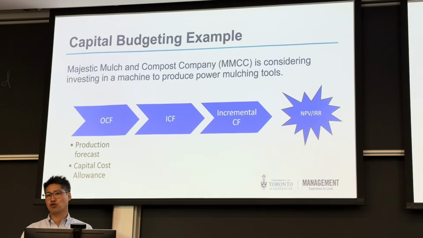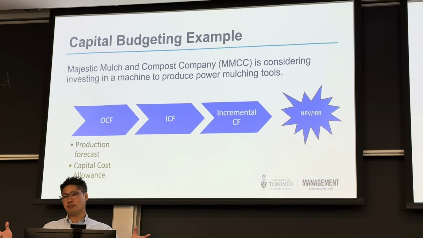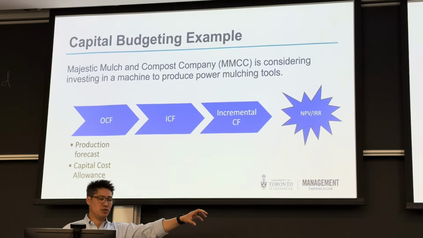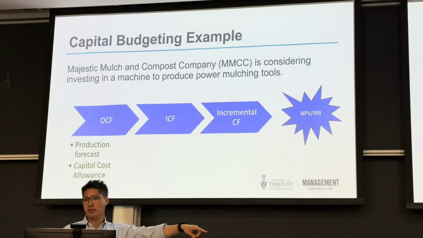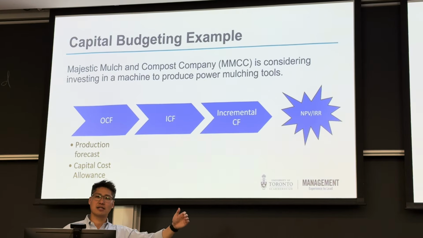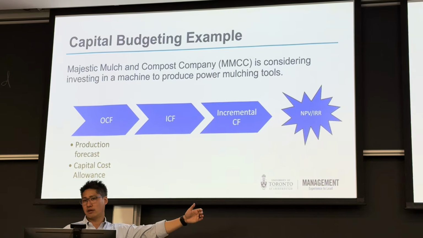The hardest part is to make projections. Whether we should accept the project or not is based on assumptions. If I get this ice cream machine, I have to predict how many people will come buy this ice cream, how much do I have to sell it for, how much will it cost me, and I have to project that for many years in order to figure out what the expected cash flow will be in the future.